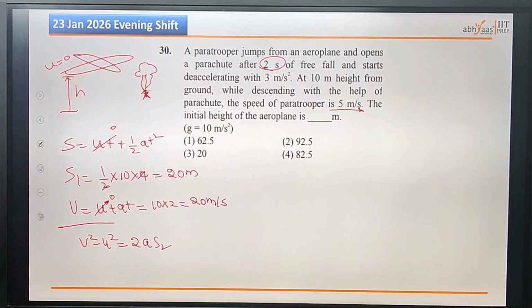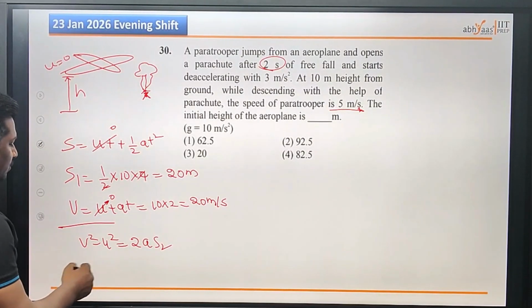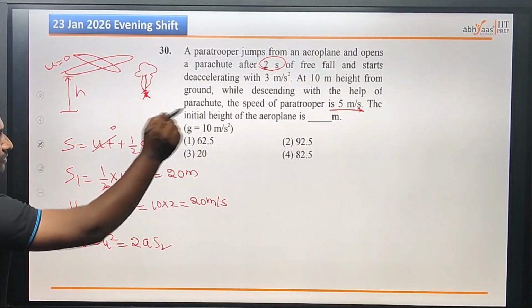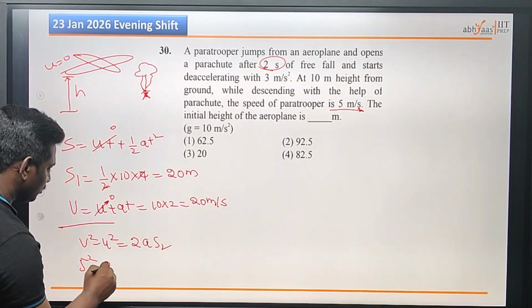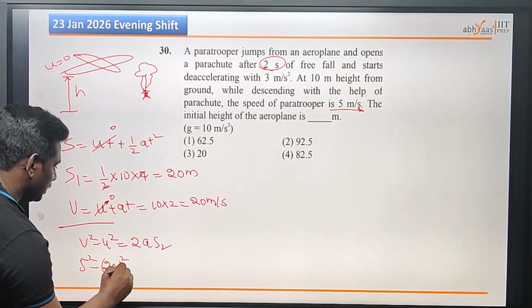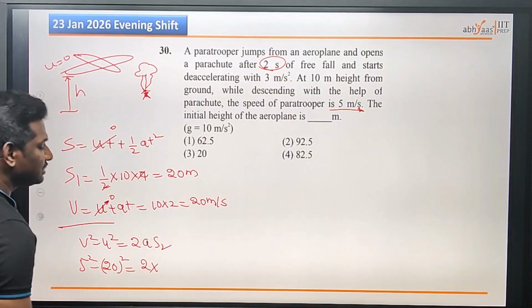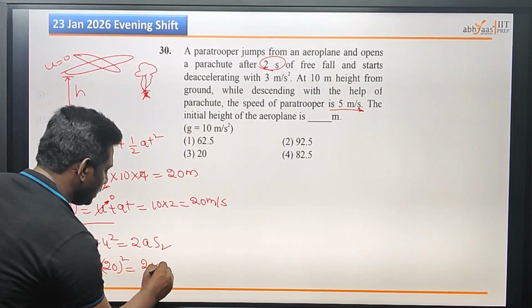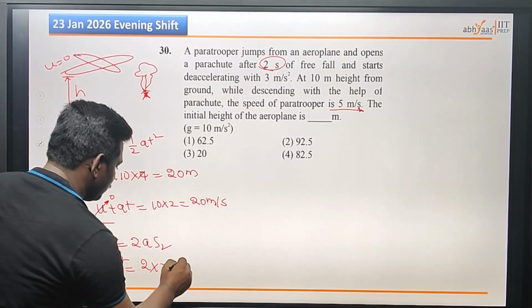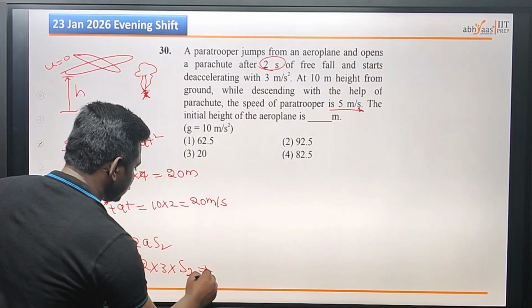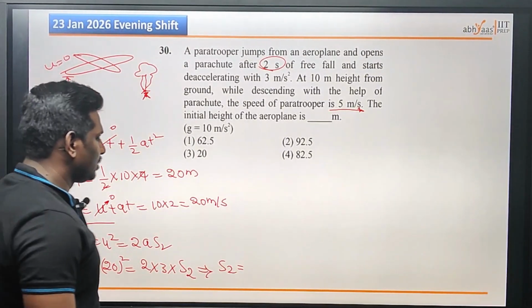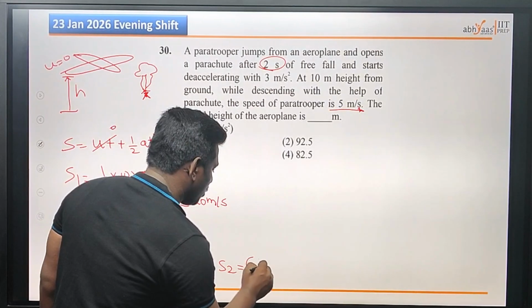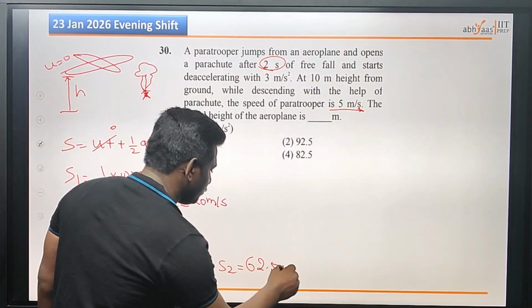So see, v square is 5 meter per second, that is 5 square, minus u square is 20 square, equal to 2 into acceleration. They have given 3, and how to find? Yes. So S2 can be written as 62.5 meter.